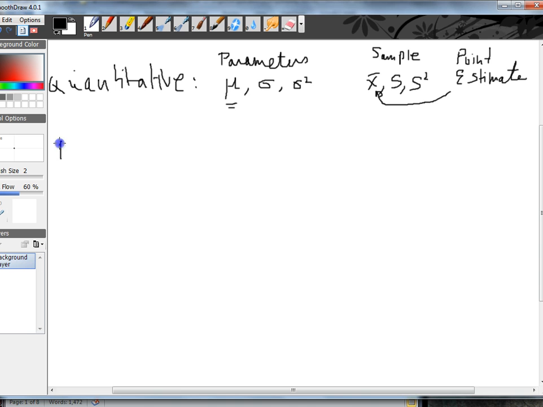For the binomial population, we talk about P as the parameter, and N is the number of trials, but primarily P as our unknown parameter. And from the sample we looked at the proportion of successes, where X is the number of successes and N is the sample size or the number of trials. And of course we used P hat to estimate P.